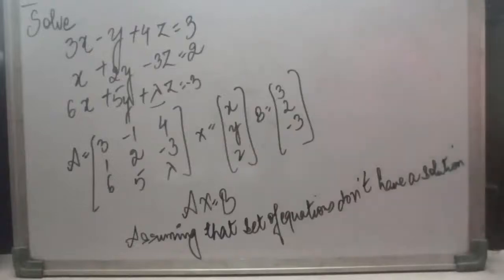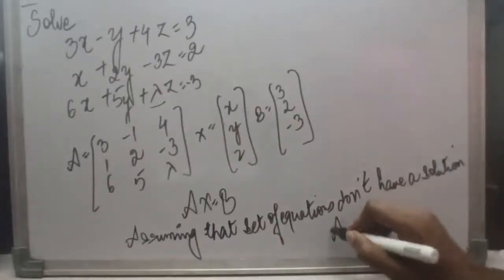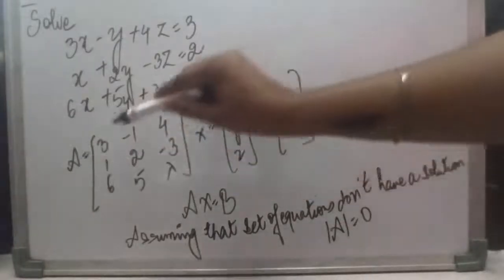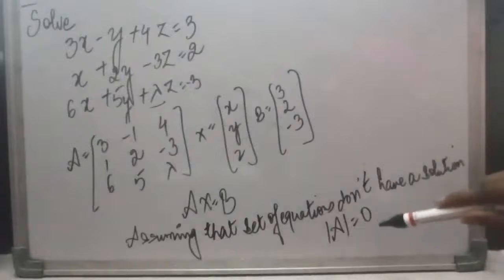So when this set of equations does not have a solution, the determinant comes out to be 0. So what we will do is calculate the determinant of this and keep it equal to 0, so that we can reach a certain conclusion. So let us find the determinant of this matrix.